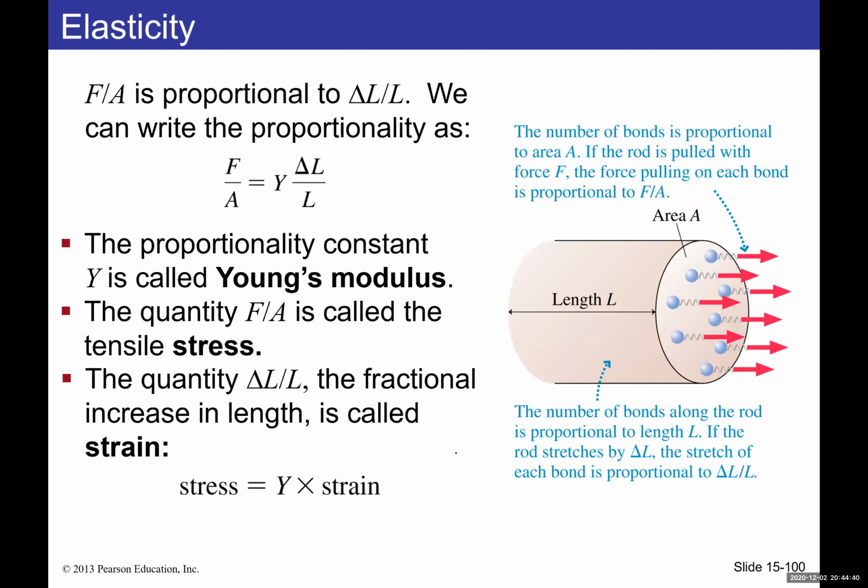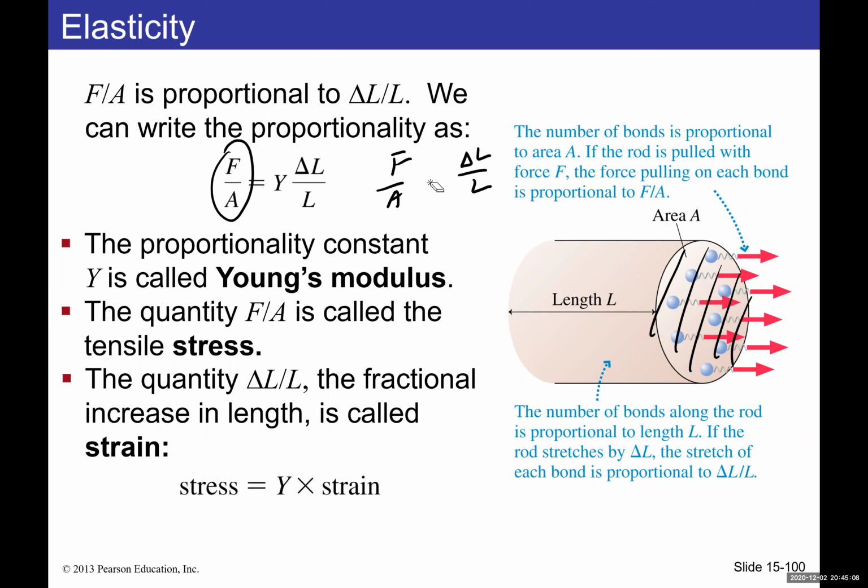So what we can look at here is, remember, when you pull, you are exerting force at some area A. Then this F over A, which is the force acting over that area A, is, remember, nothing but pressure, right? It is proportional to the ratio delta L over L, the change in length over the entire length.